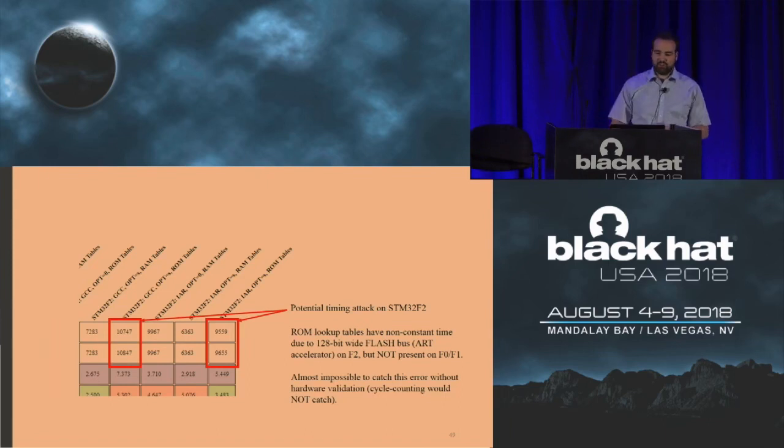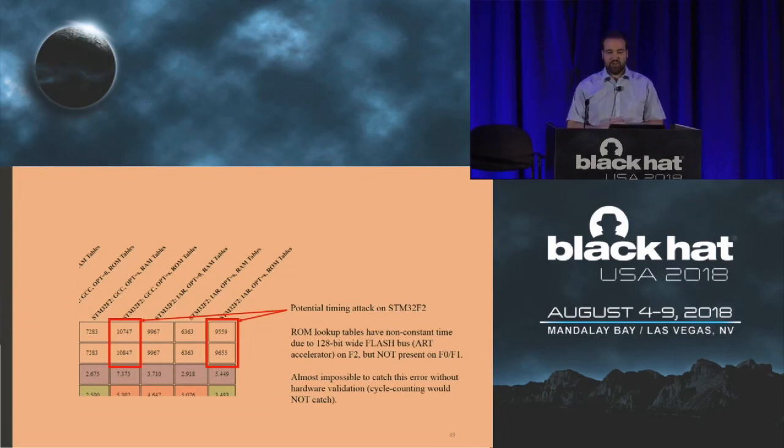So it's similar to a cache timing attack, but without the cache being enabled. If you totally disable the cache and turn everything off you can, you always see this inconsistency. The only way around it is to switch to RAM tables or to always do a lookup back to some constant address, which you wouldn't really catch without hardware validation.